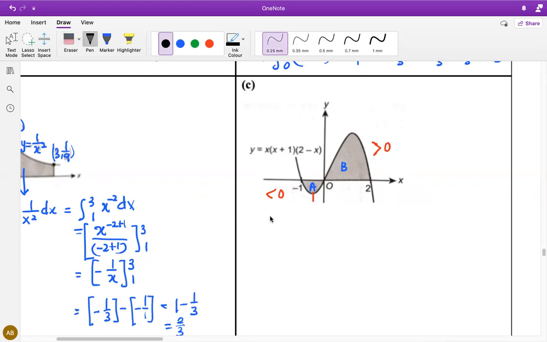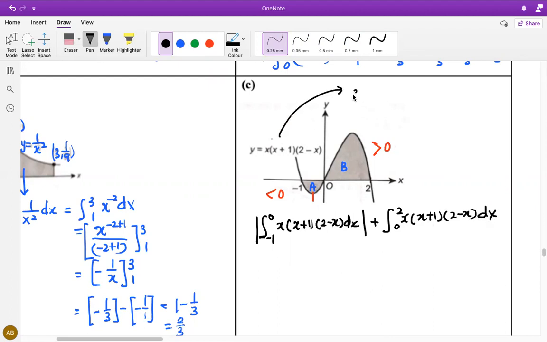So it's from -1 to 0, of x times (x plus 1)(2 minus x) dx. This one we put first. Then plus from 0 to 2, x times (x plus 1)(2 minus x) dx. So you expand.